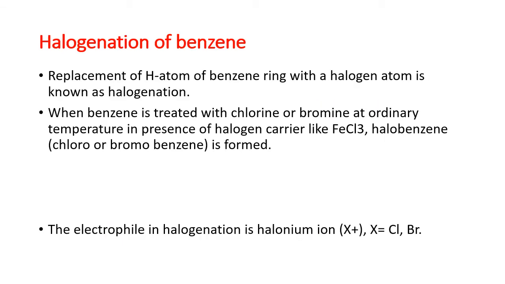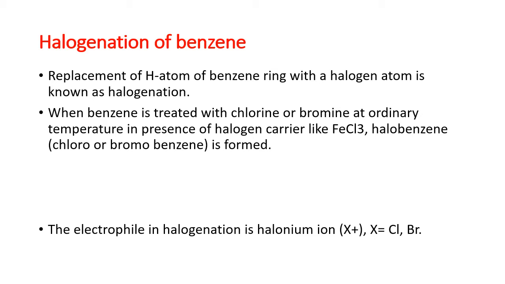Halogenation of benzene. Replacement of a hydrogen atom of the benzene ring with a halogen atom is known as halogenation. When benzene is treated with chlorine or bromine at ordinary temperature in the presence of halogen carriers like iron, ferric chloride, etc., halobenzene is formed.